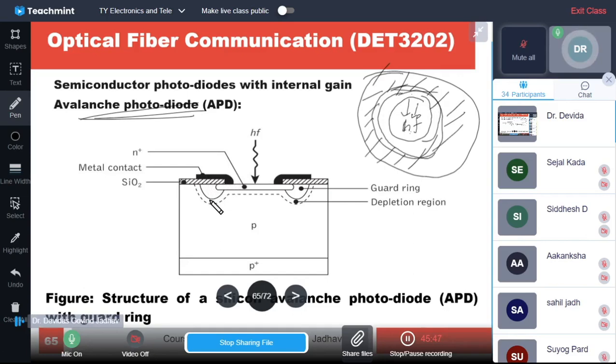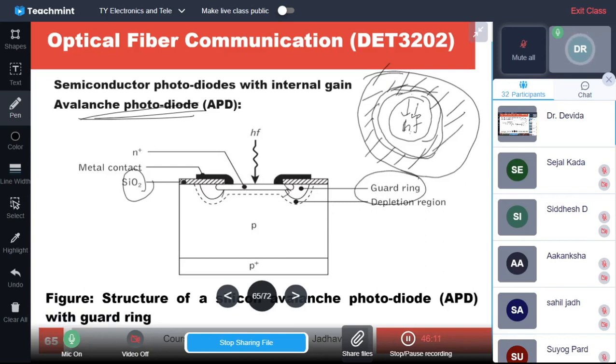So silicon dioxide is the insulating region, and also there is an area called the guard ring, which is provided near the edges of the junction. This guard ring is a highly resistive area, and this avoids the current which is flowing through the edges of the junction.